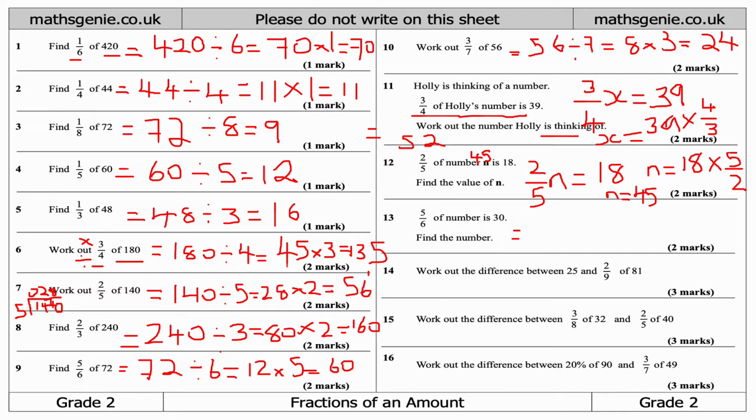Okay, next question. 5/6 of a number is 30. Find the number. So 5/6 of the number x, we'll say, is equal to 30.